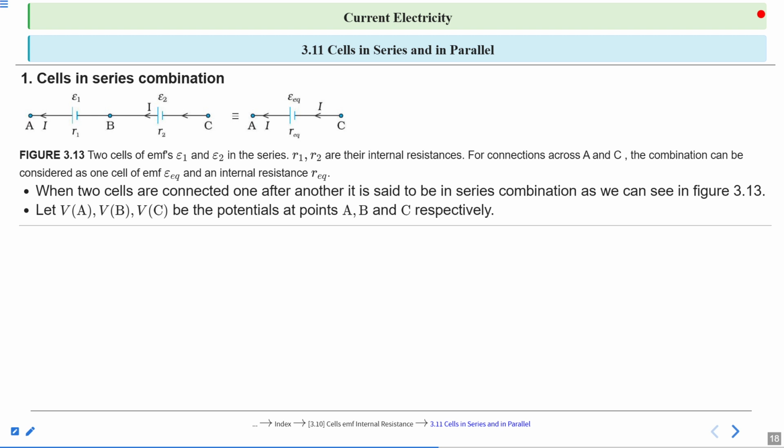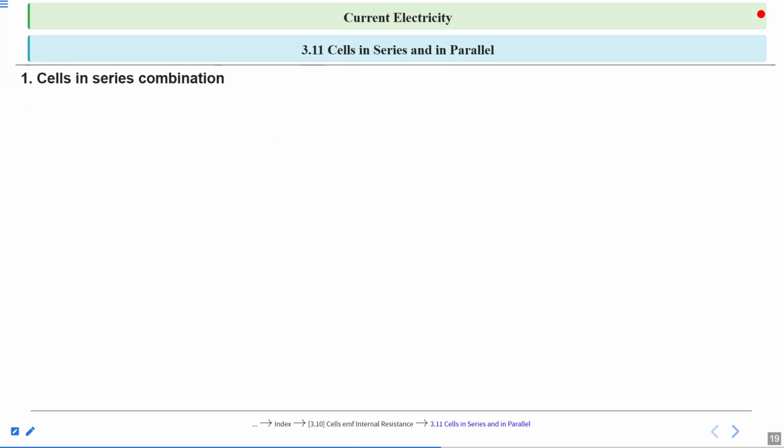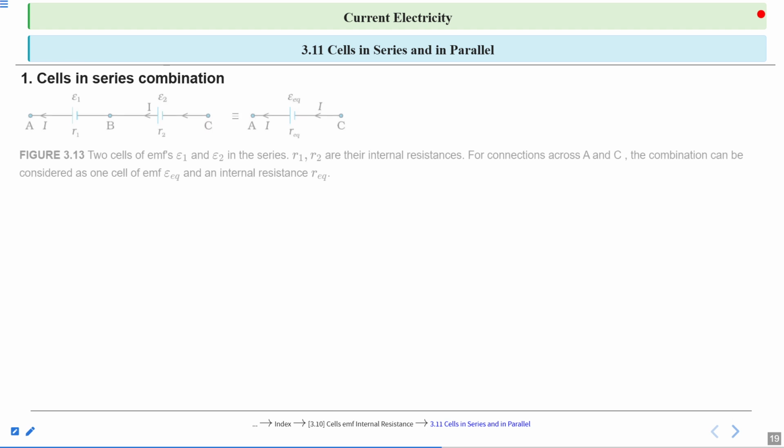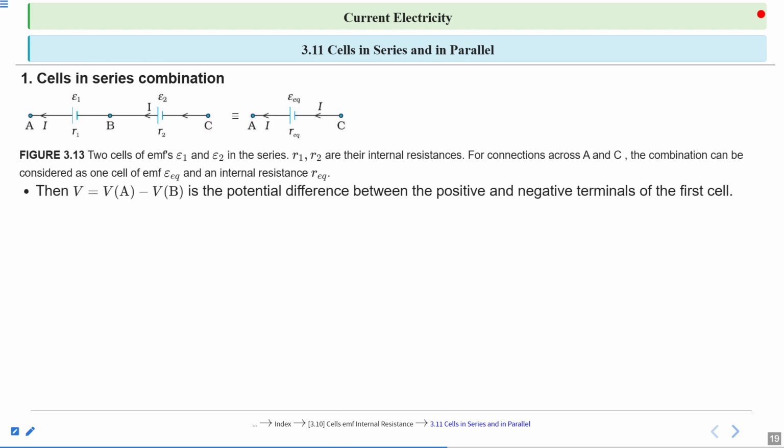Let VA, VB and VC be the potentials at points A, B and C respectively. So again in this diagram, let V equal to VA minus VB.